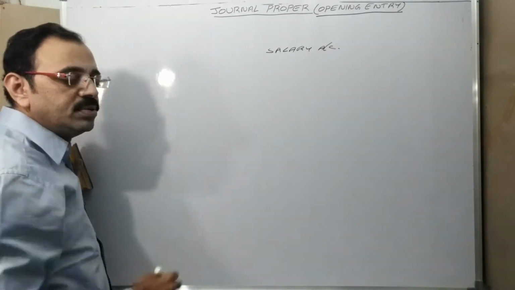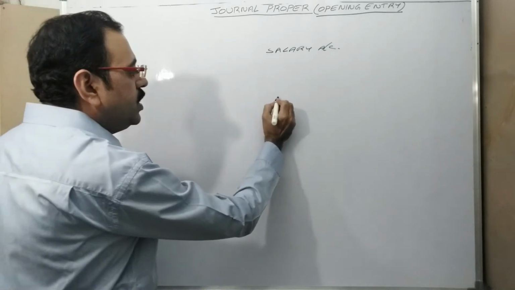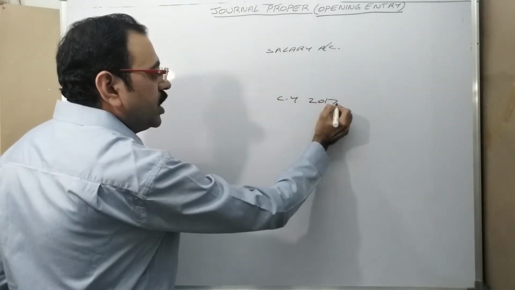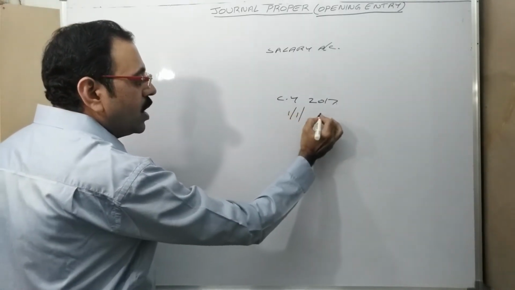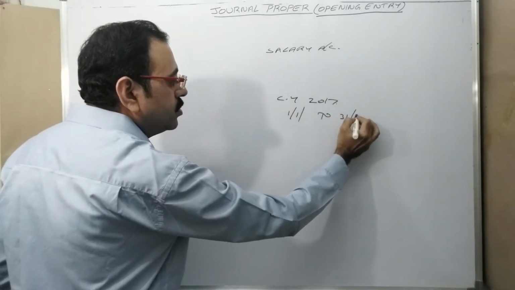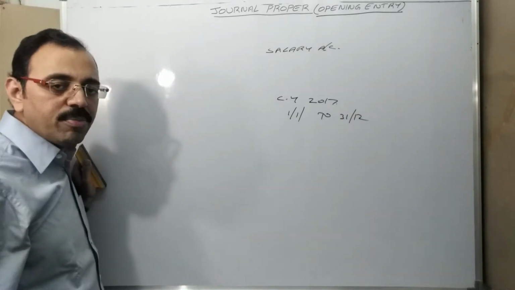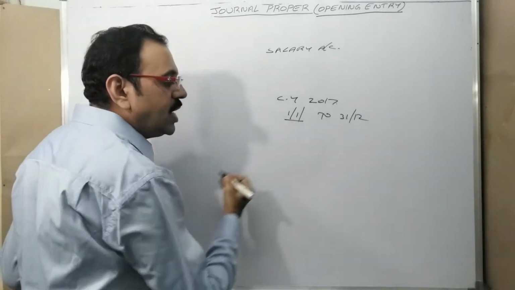So expenditure comes under nominal account. Say our current year is 2017 and we are following the calendar year. From 1st January to 31st December, we are maintaining our accounts. Then, January month salary.